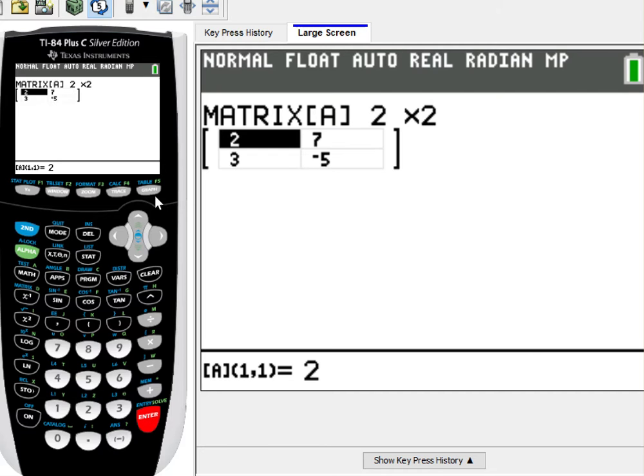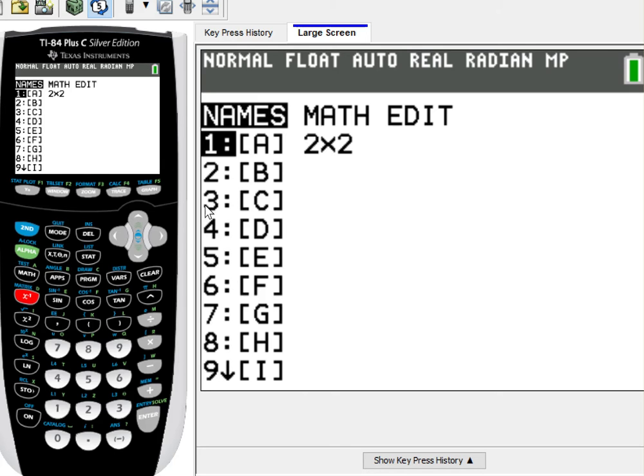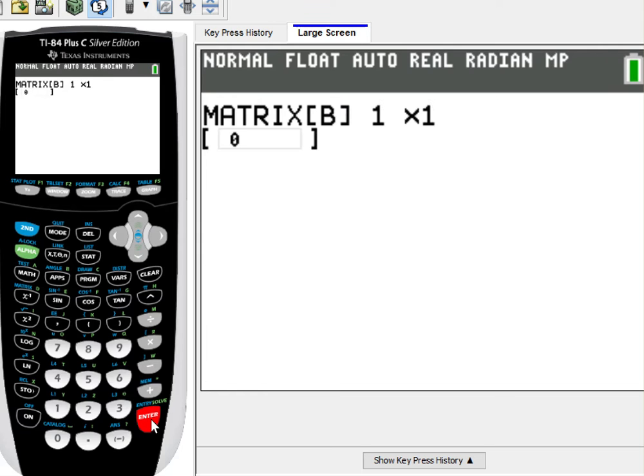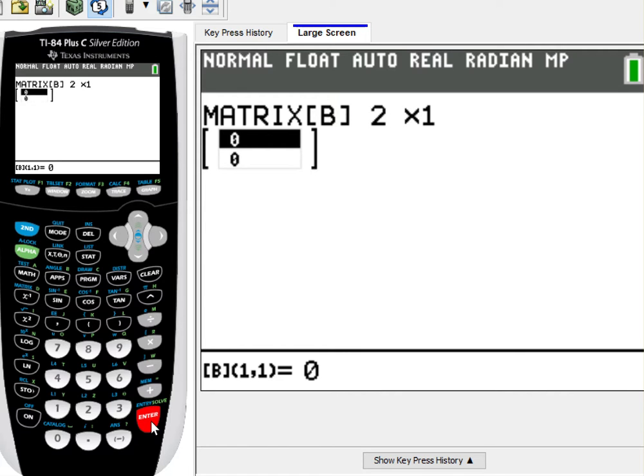That's the matrix that we want to invert. Now come back to your matrix menu, and we want to edit the second matrix. Go on edit and matrix number 2, matrix B, and this one is a column matrix, 2 by 1. That's our numbers on the right, the 1 and the 4, and enter.